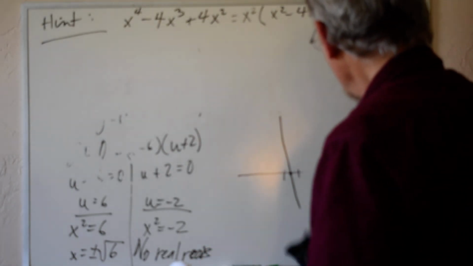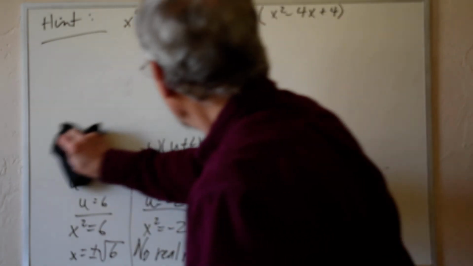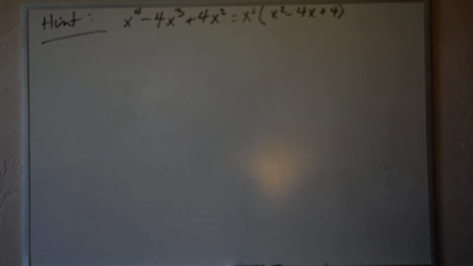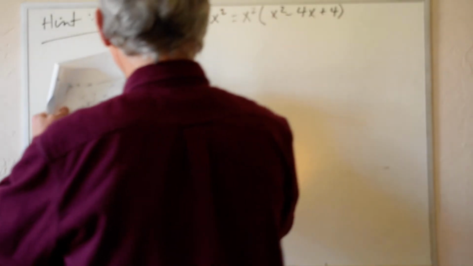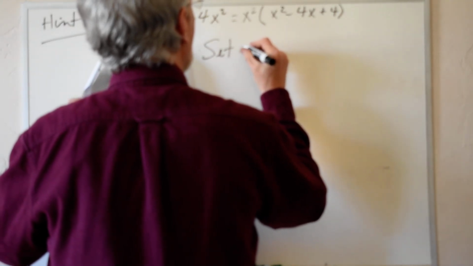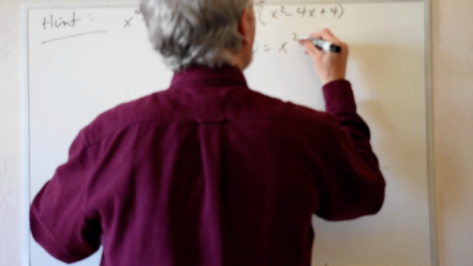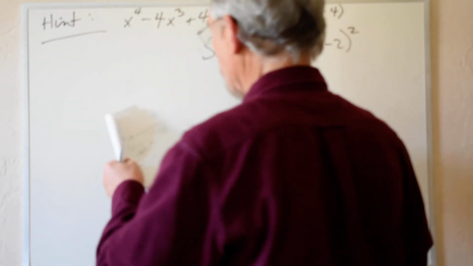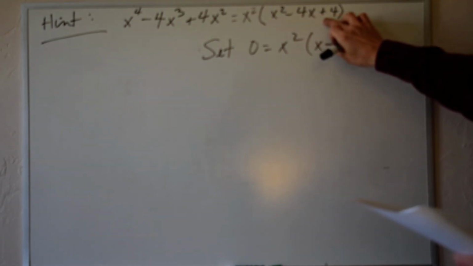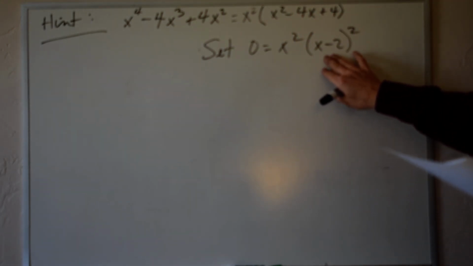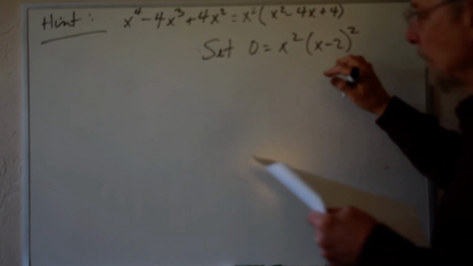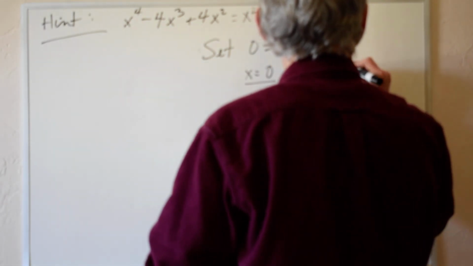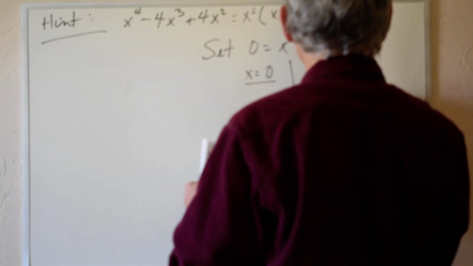Okay, how did you do? Let's set our function equal to 0. This quadratic expression factors like this. So I'm going to get x equals 0 and x minus 2 equals 0, which gives me x equals 2.